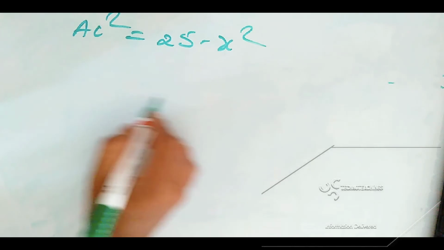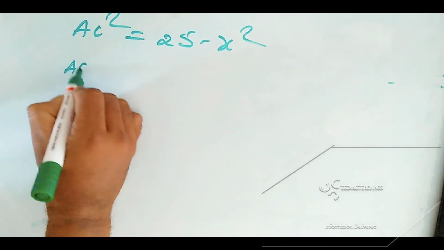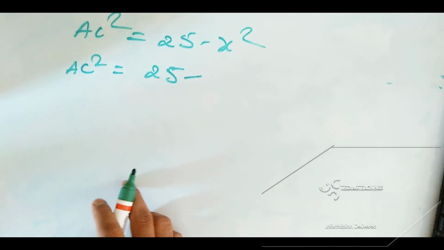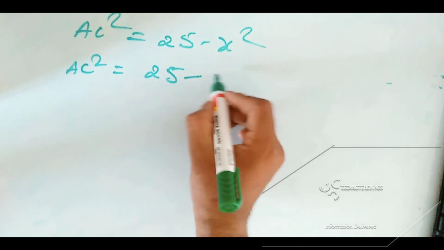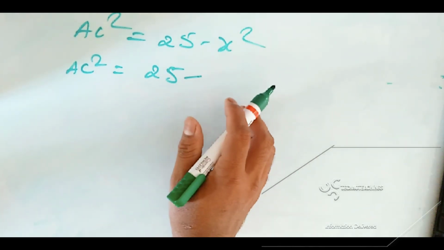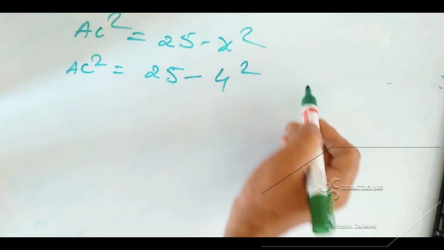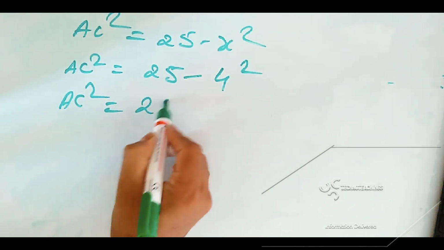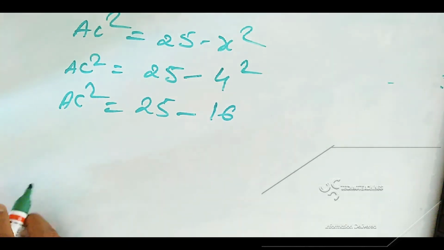I'll substitute the value of x in this equation. So for x we have the value 4, 4 square, AC square equals 25 minus 16.